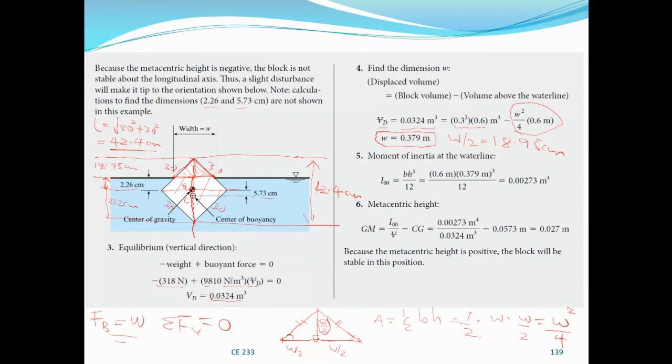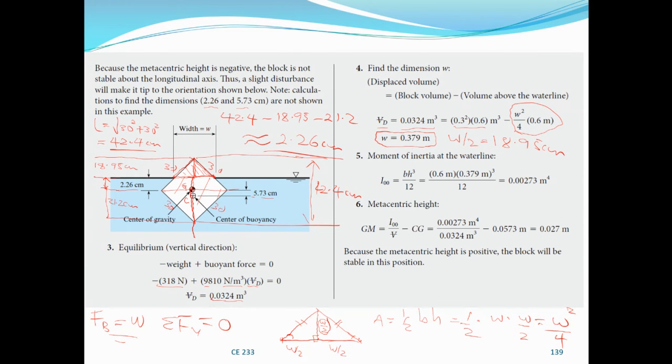The distance is simply going to be 42.4 minus 18.95 minus 21.2, which will approximately be equal to 2.26 centimeter. So this is how it is obtained. This is just simple geometry.